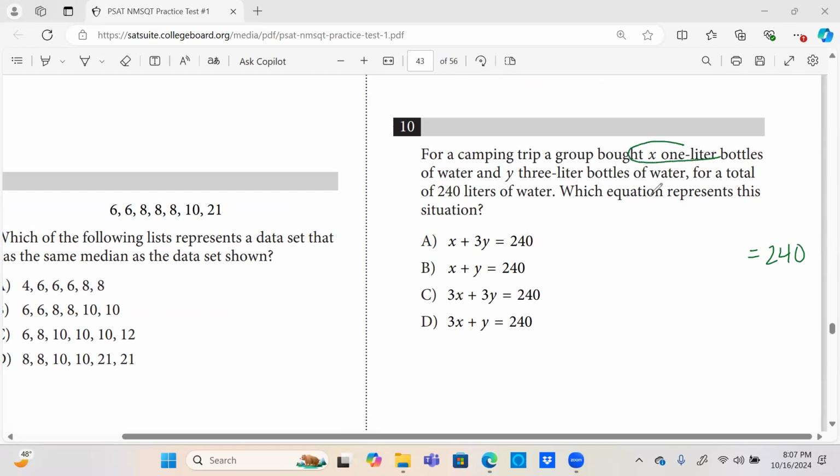So x has 1 liter, so 1 per x plus y has 3 liters, 3 times y. Usually 1 we can just ghost, right? It can be an invisible coefficient, which gives us A. Don't need to solve or anything. We were just setting it up.